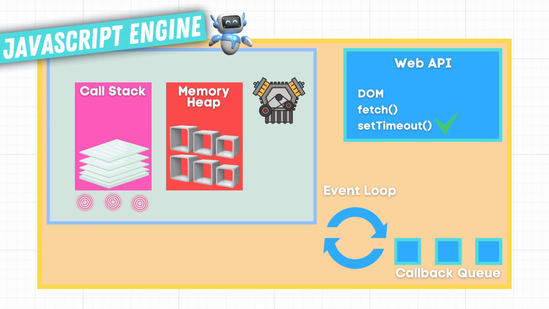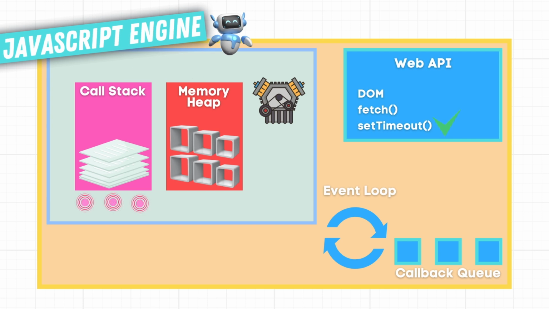It's part of the Web API. The call stack is going to say, oh, I have something that's not for me here. It's for the web browser, for the Web API. So it's going to say, hey, Web API, here it is. I don't know what to do with this. You take care of it.